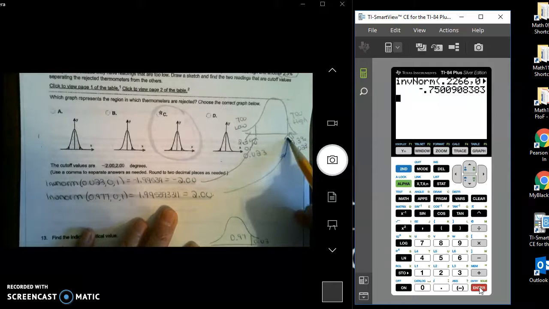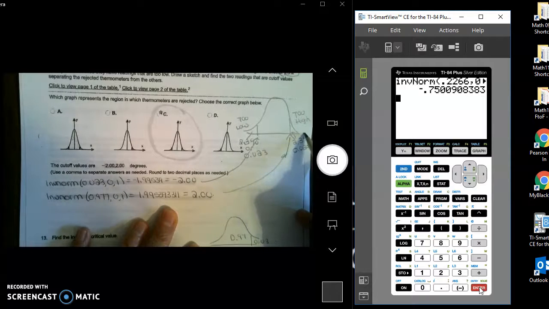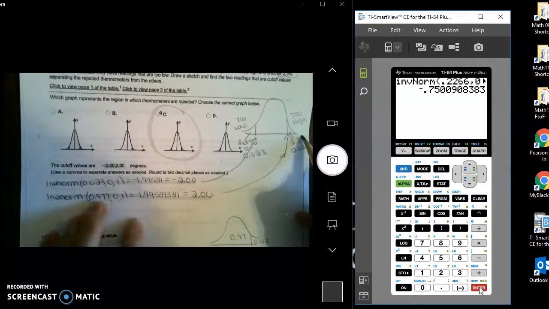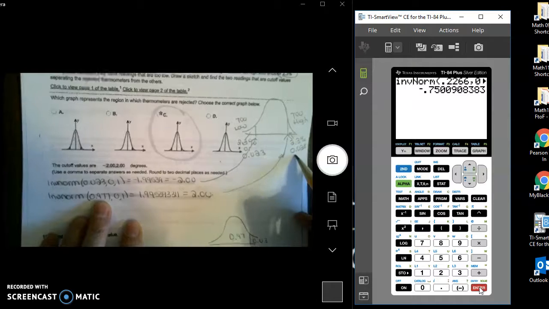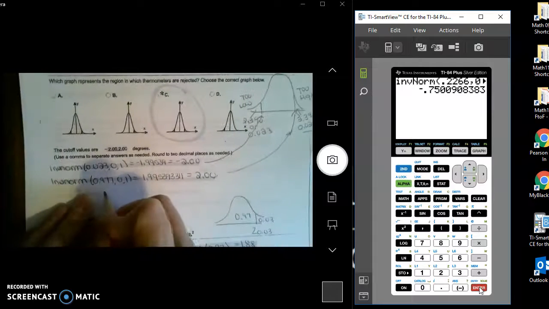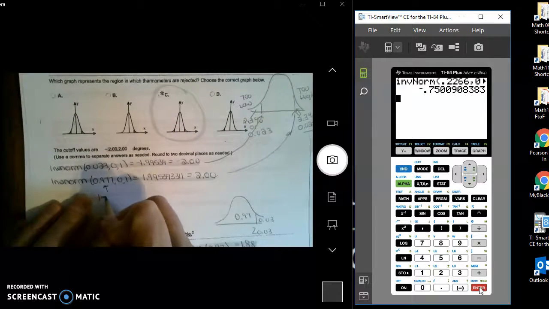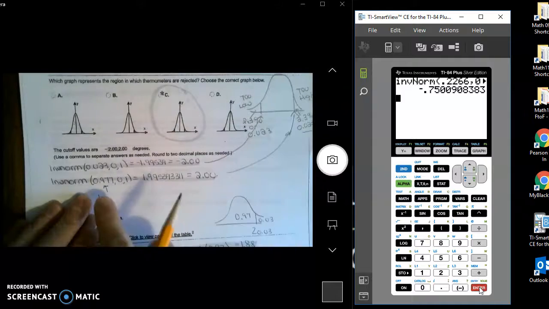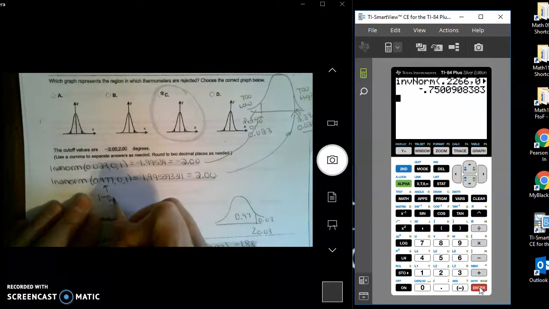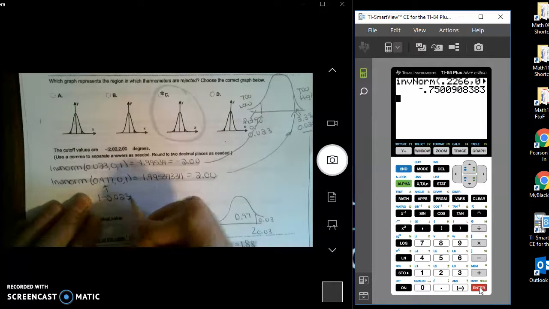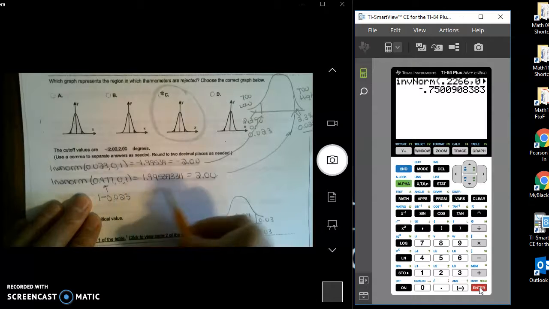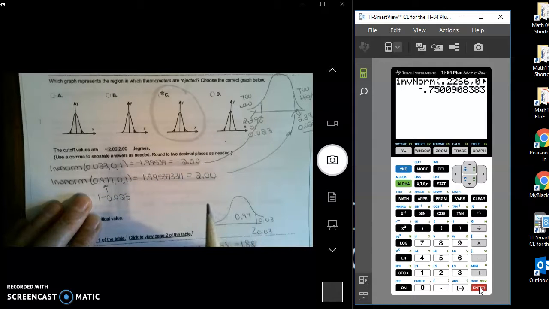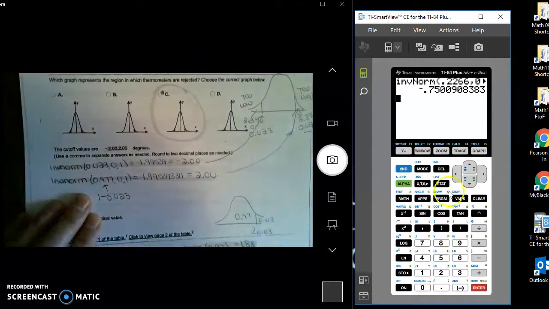To find this one, I have to find the area to the left. This is the area to the right. To find this number right here, I'm going to take 1 minus the area to the right. This is the area to the left. And then 0,1, and from there we get our answer. Let me go ahead and plug that in the calculator.